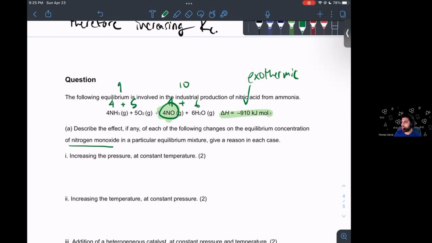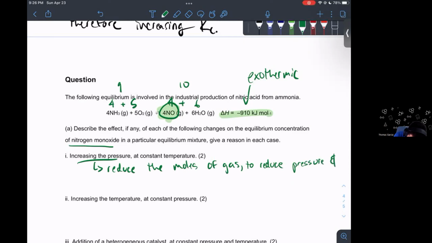So when we increase the pressure, we want to reduce the moles of gas. Because when we reduce the moles of gas, we will then reduce the pressure. Reduce moles of gas to reduce pressure and balance.